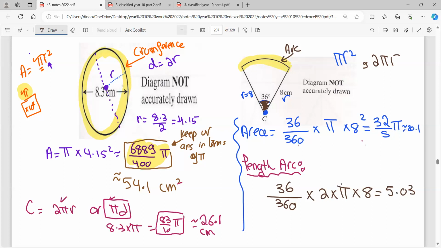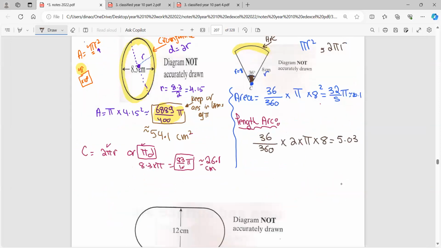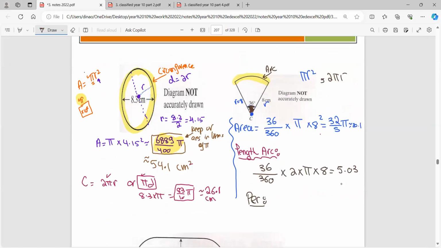Now the last question that you might be asked about the sector is the perimeter. It says find the perimeter of the sector. To find the perimeter of the sector, I will add all outer sides. So this is a radius of 8. We just did the arc over here, which is 5.03.